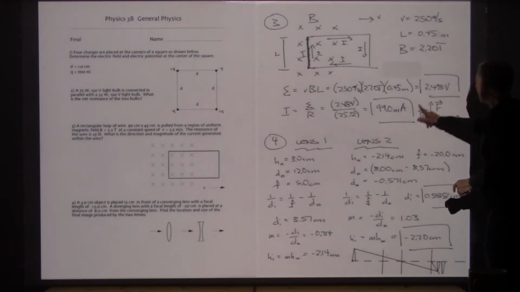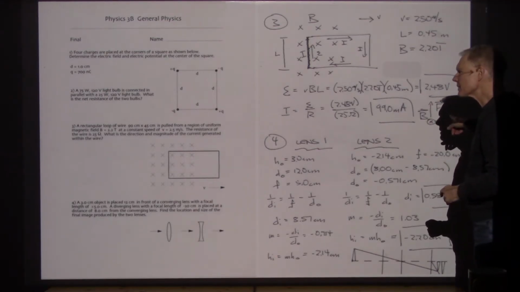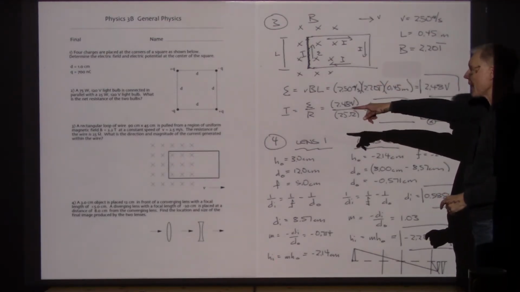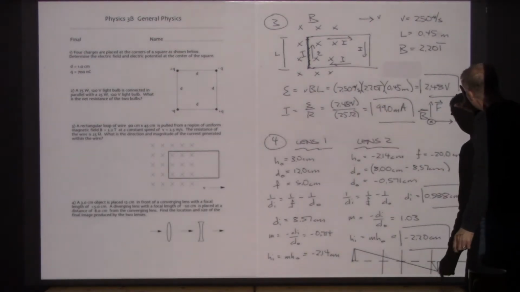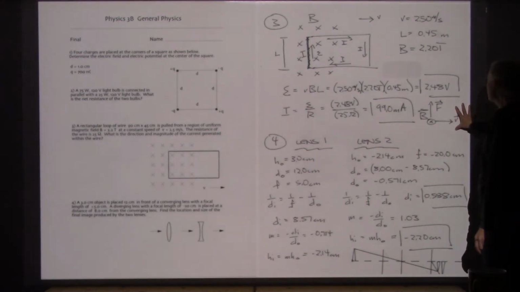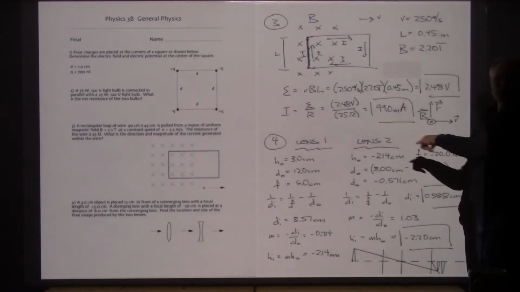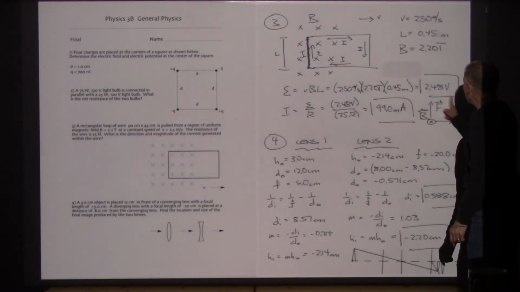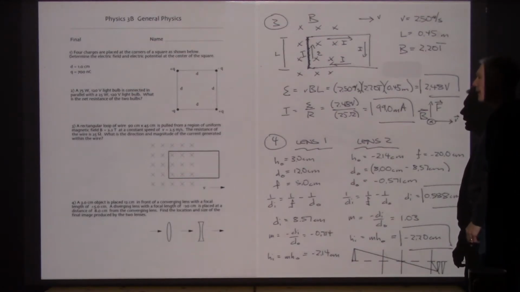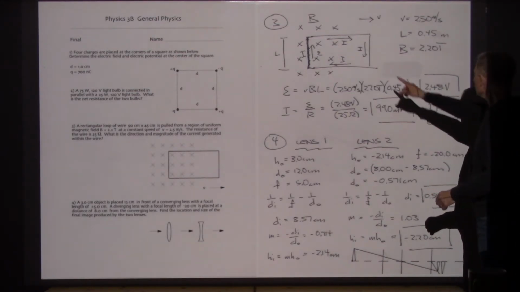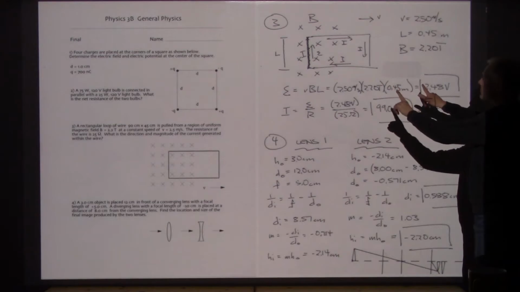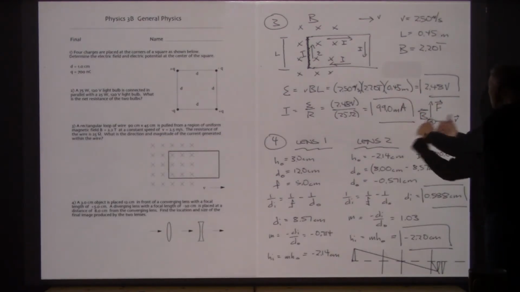I wrote this down in the corner because they said direction and magnitude. So I should have started with this, but in any case, I drew a diagram of the whole setup, which I think is good. But this diagram should have been the next item. So what's happening is the entire loop, all segments of that rectangle are moving to the right.